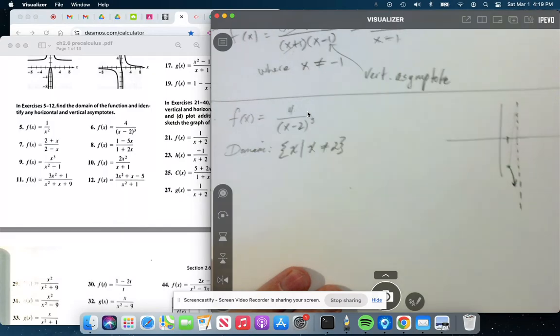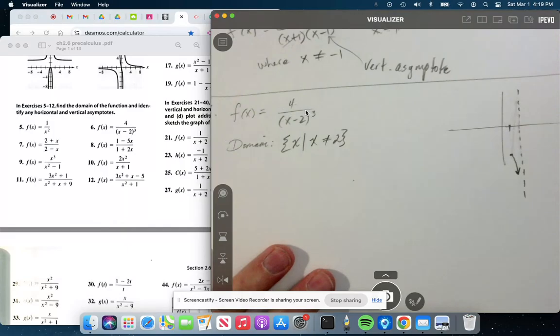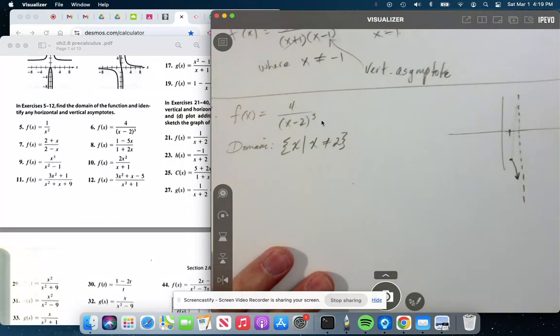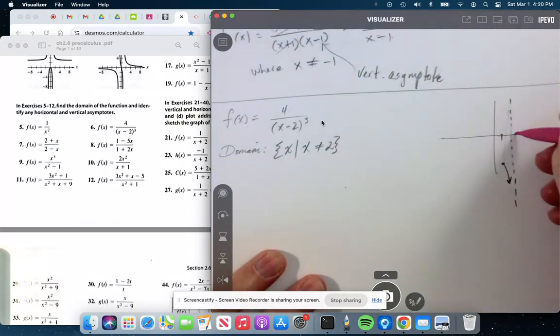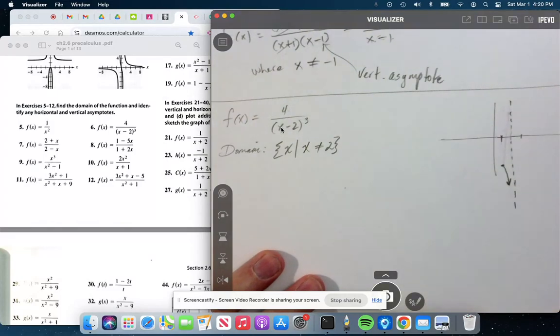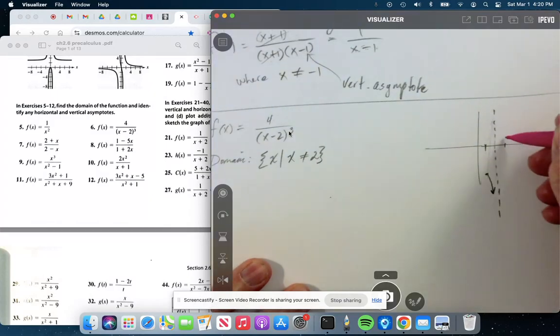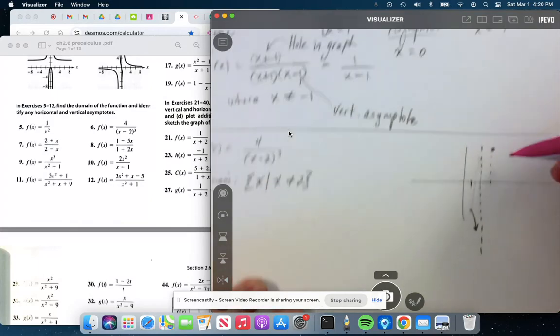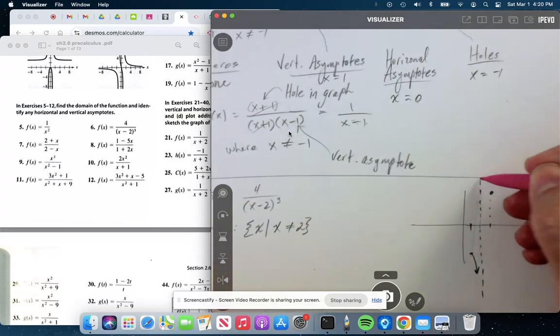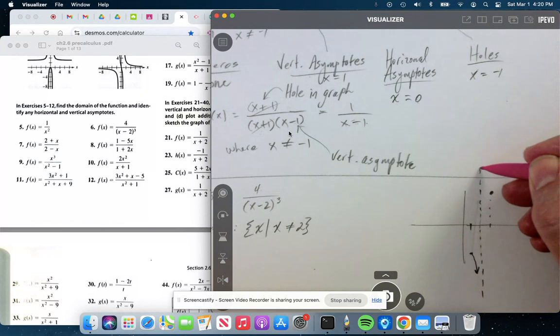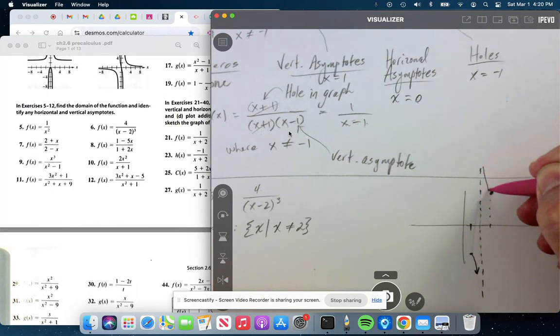Yeah, I had that backwards. Now, on the other side, if I'm over here and getting close to 2, let's say I'm at 3, what happens? Well, 3 minus 2 is 1, and 1 cubed is 1, and 4 over 1 is 4. So at 3, I'm up here at 1, 2, 3, 4. So I think it is going to do basically the opposite situation. It's going to do this.